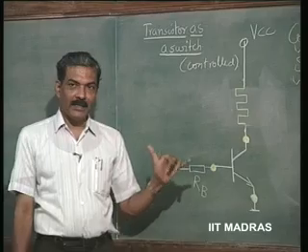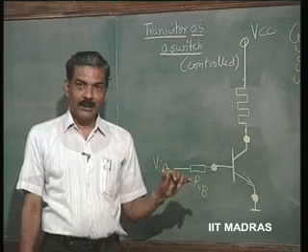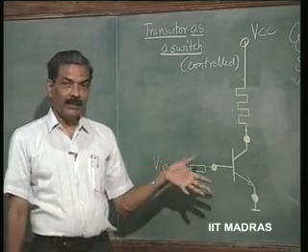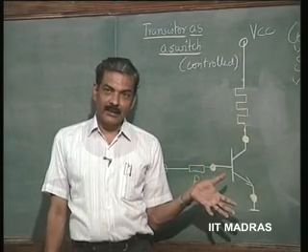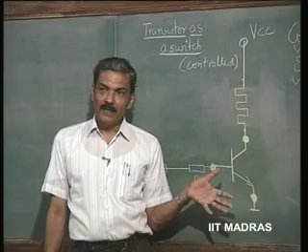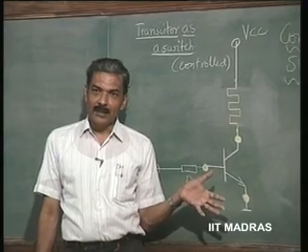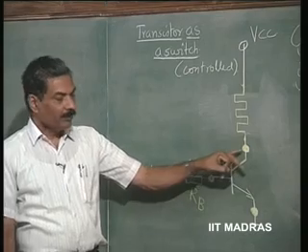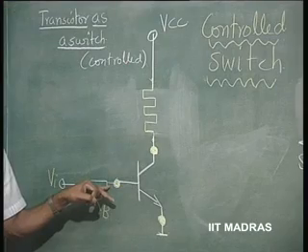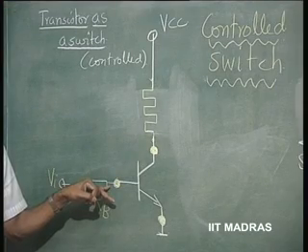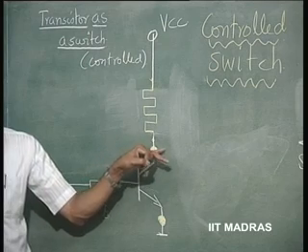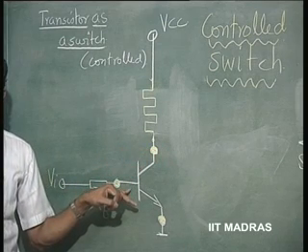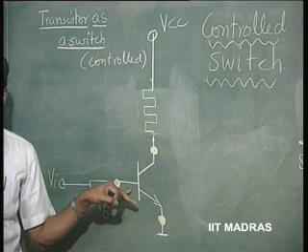Saturation we will now define as a point at which it is violating the transistor action, in the sense no longer IC is equal to alpha times IE. When does it happen? When base to collector junction starts getting forward biased. It should be, strictly speaking, reverse biased when we have transistor action.